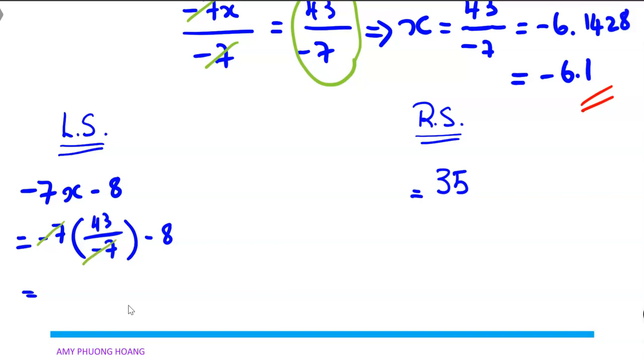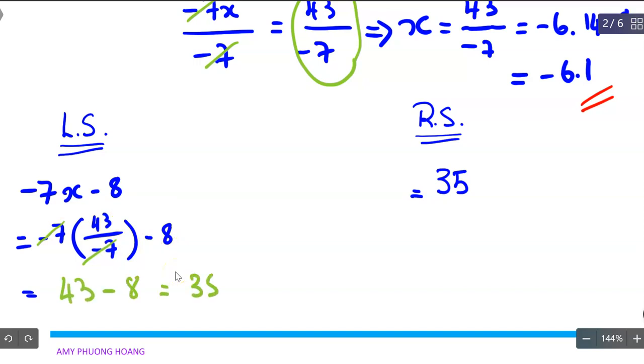If you cannot simplify, then you need to take that, multiply by that, divided by that, which I was trying to do from the very beginning. However, if we can apply the shortcut by just take this, cancel with that, because you have the same number as the top and the bottom. So this will give me 43 minus 8. So this is 43. And minus 8 will give me 35.